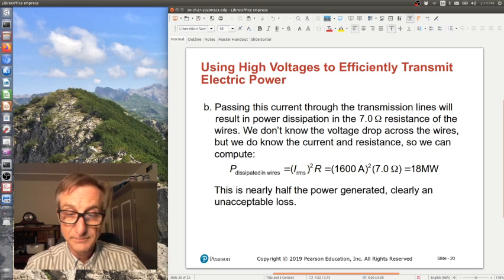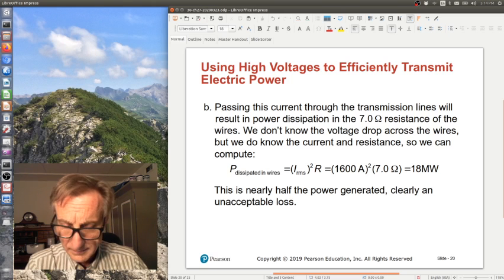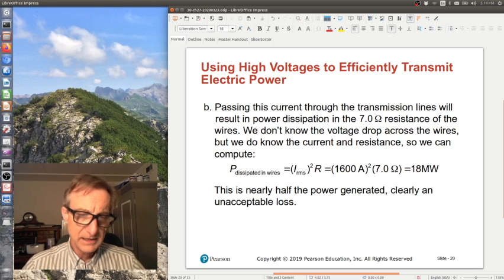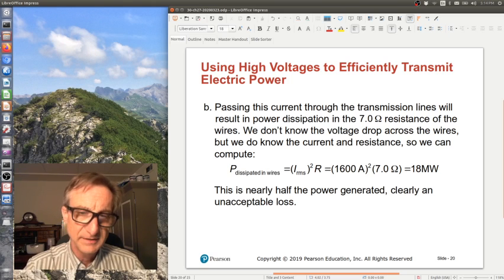Earlier we saw a step-up transformer where we stepped up the voltage by 20 and stepped down the current by 20, but then we stepped down the power dissipated by 20 squared, or 400. So if we can step up the voltage by a factor of 20, which means stepping down the current by a factor of 20, we reduce the power dissipated by a factor of 400.